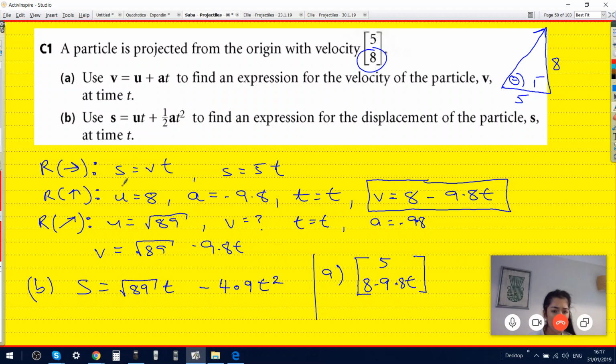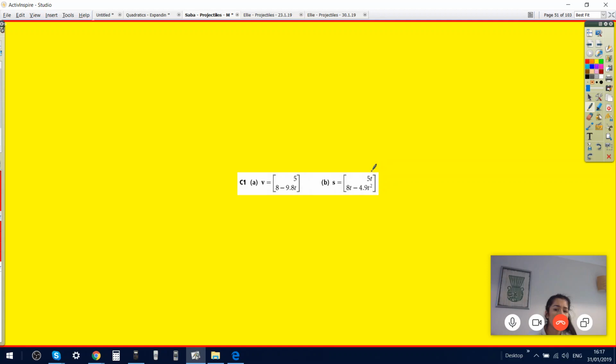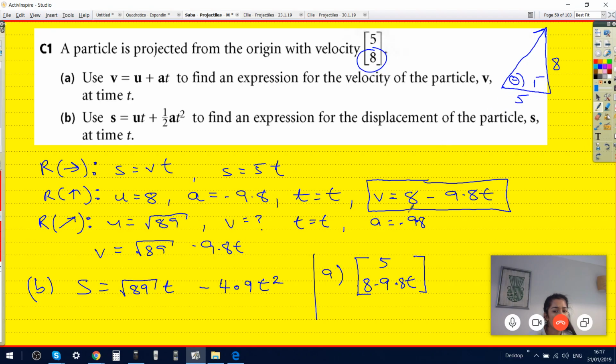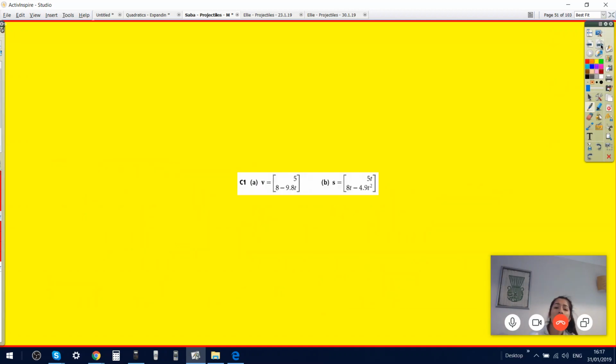Do you have to use Pythagoras for this one? Well, we already did, so we can use that. So then that's the answer. They might have written it as a vector. They said S is 5t and 8t minus 4.9t squared. If you were to sub in a value for t, you would get the same answer.